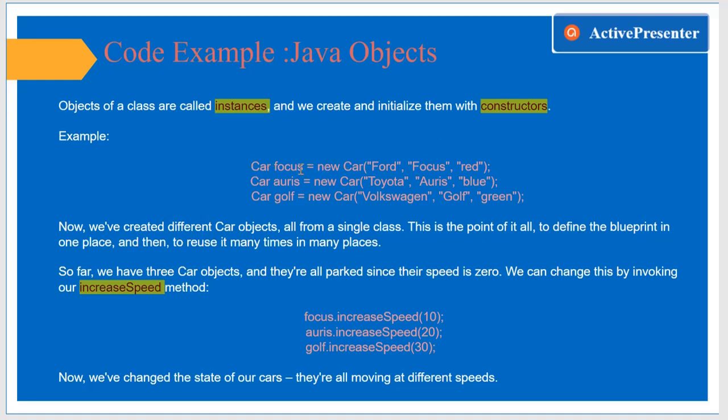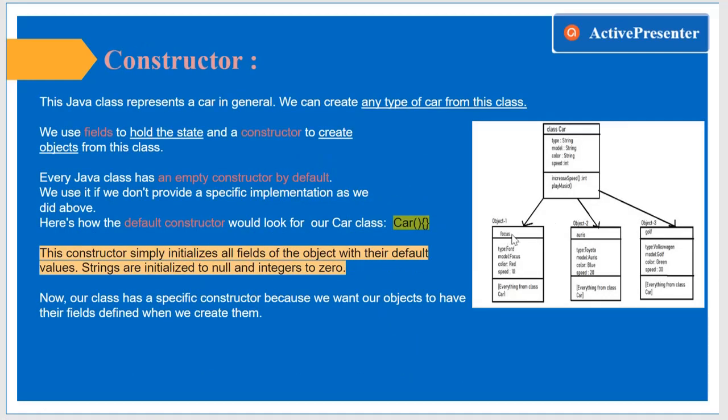Look, car focus equals new car, and here we pass the arguments to that constructor's parameters: Ford focus and red. This is type, model, and color. Here we pass the parameter values, and here is another car object, car Aris. The first one is focus, the next is Aris, and the third object is golf.